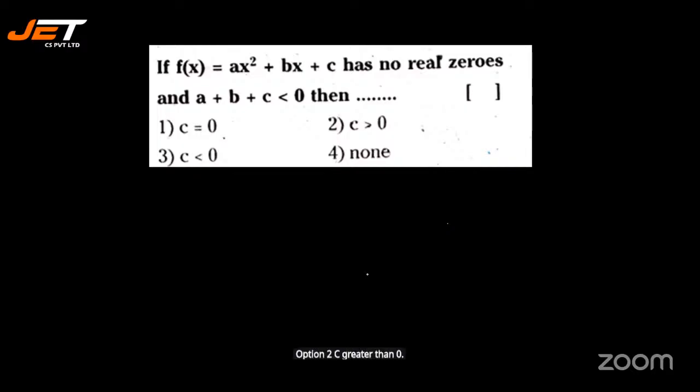Option 3, c less than 0. Or 4 is none. Quickly. Let's see the answer. It is c is less than 0. Right. See the next question.